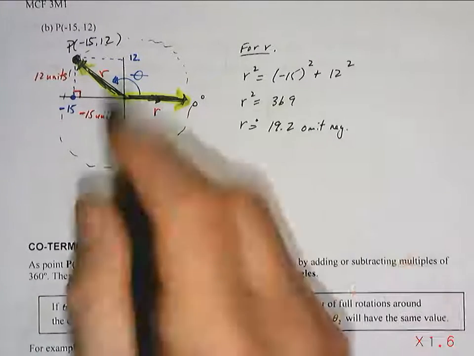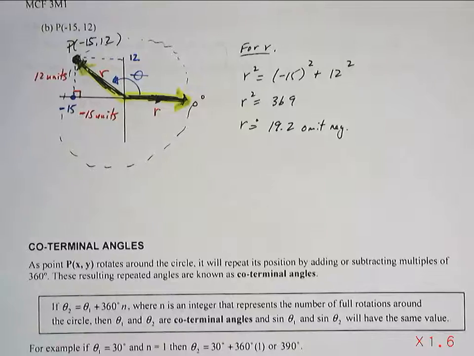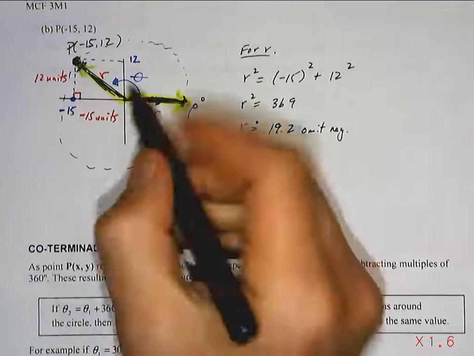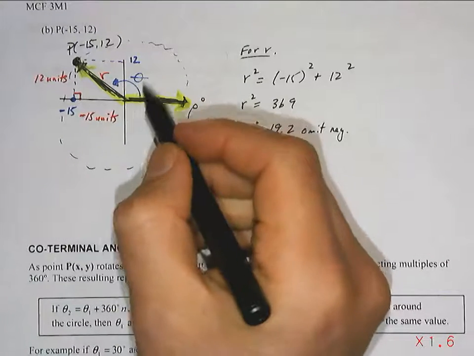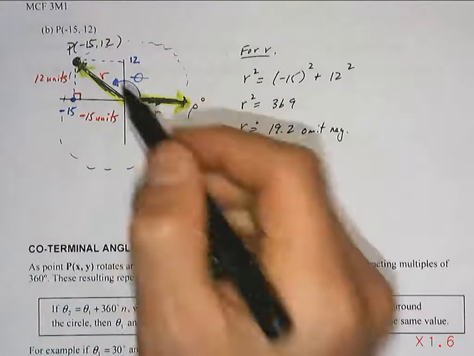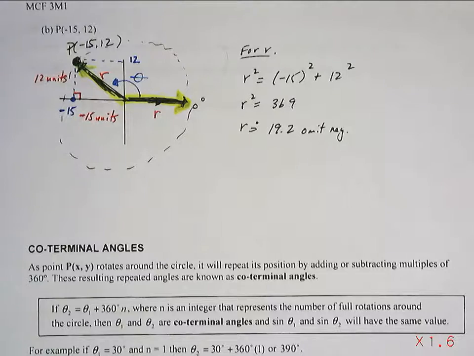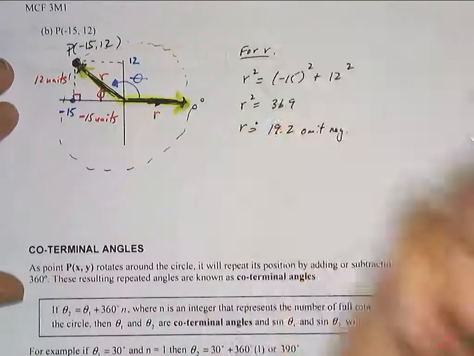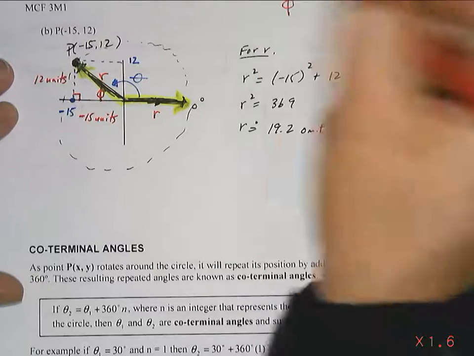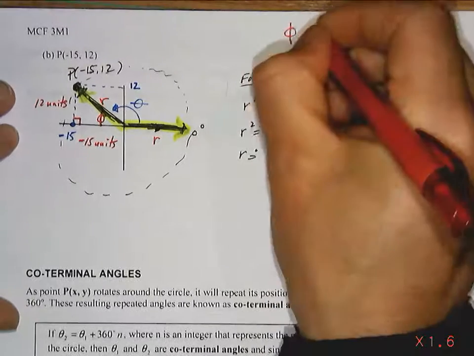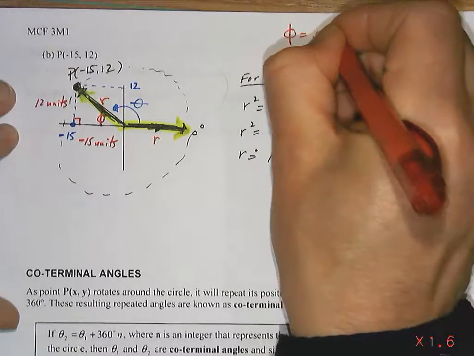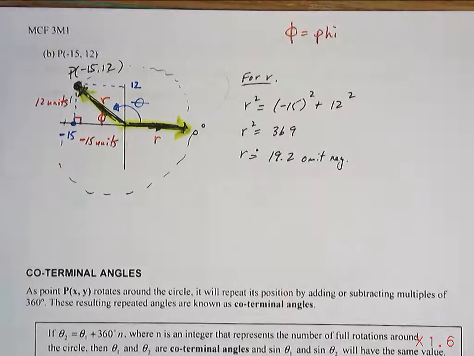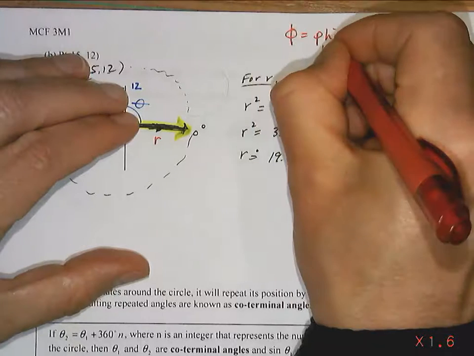So now, how do we get theta? Theta's a little bit more interesting in this question because it's not in quadrant 1. Theta extends through quadrant 1 into quadrant 2. And we're going to get theta by finding something else first. I'm going to find what's called phi. Now, don't get too hung up. That's just another Greek letter that we use in mathematics, and we call it phi. And it just means an unknown angle.